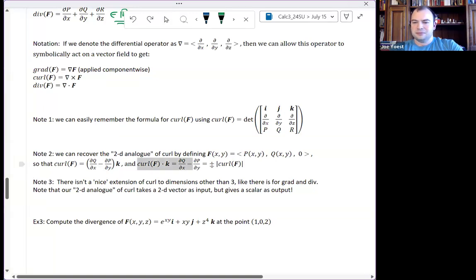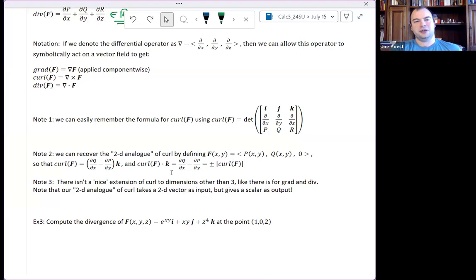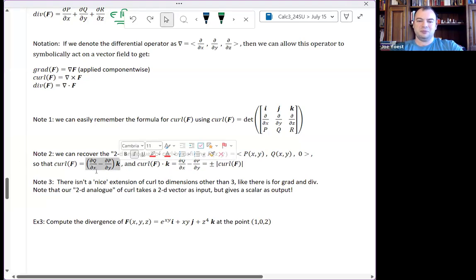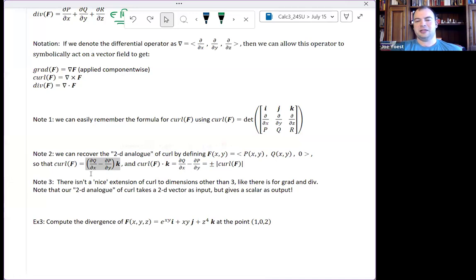So it kind of is like the curl, but it also kind of isn't like the curl, because if it was really a curl, I would expect that for a two-dimensional vector field, I would get a two-dimensional vector out, and that's what I would really want to call the curl. But I get either something that's like a one-dimensional vector or that's like a three-dimensional vector, depending on your perspective on it, but it's certainly not a two-dimensional vector.